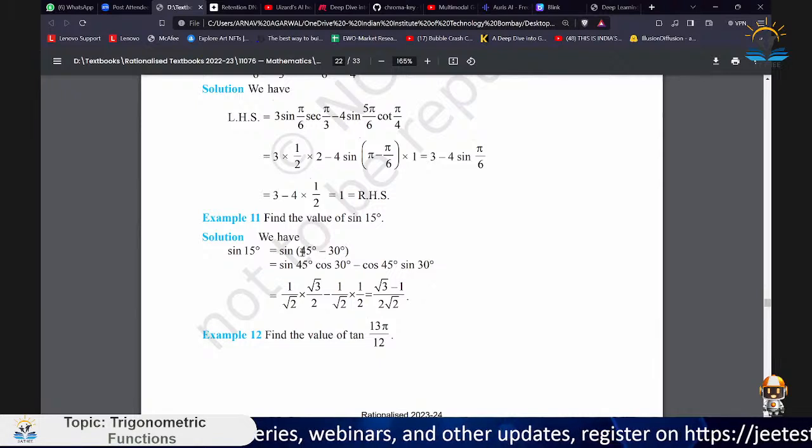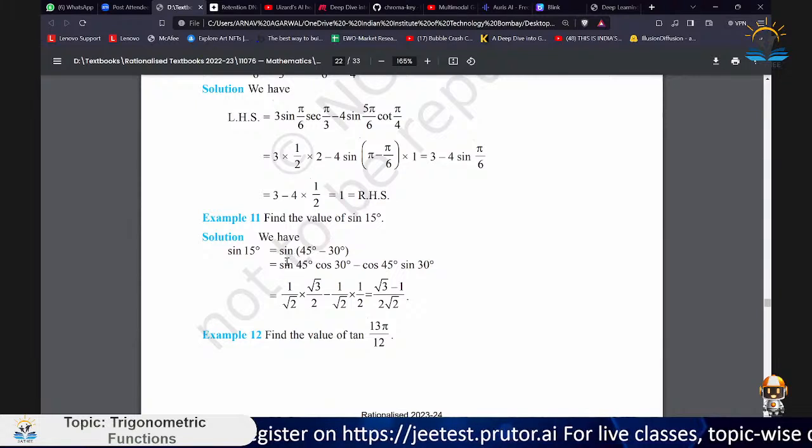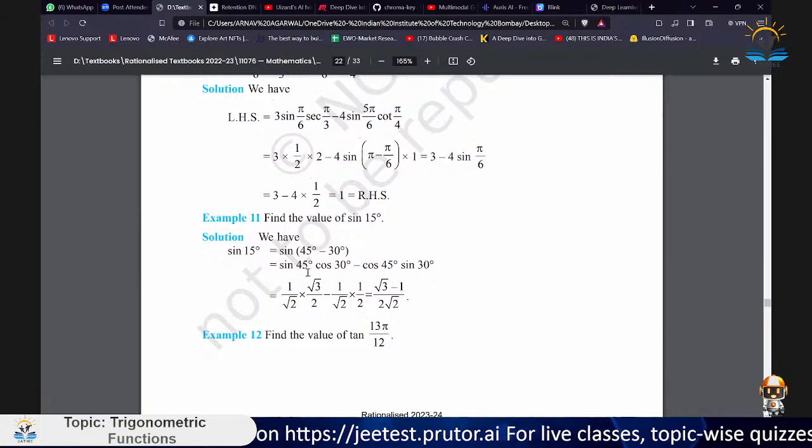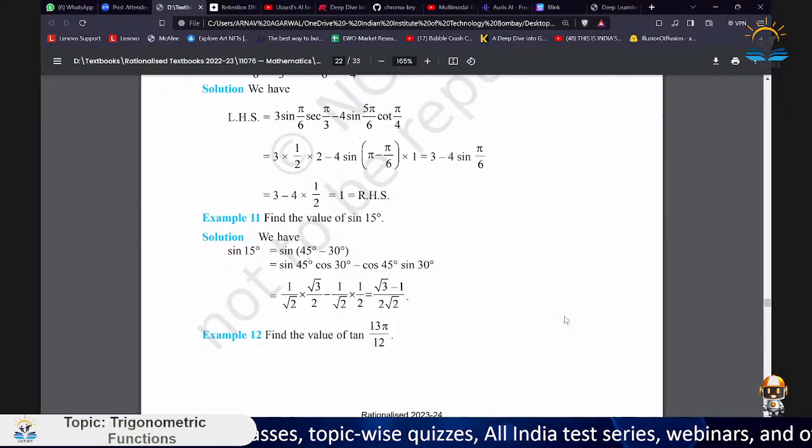So that's why we wrote 15 as 45 minus 30 and not 18 minus 3, because we do not know sine 18 yet. We don't know sine 3 yet, right? Sine 45 is easy to calculate, hence we wrote that. And by using the formula, we can come to the value of root 3 minus 1 by 2 root 2. If you could remember this value, I would suggest you to remember, otherwise it's fine.